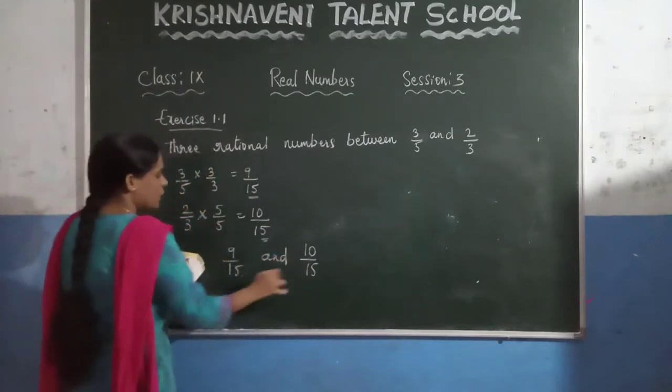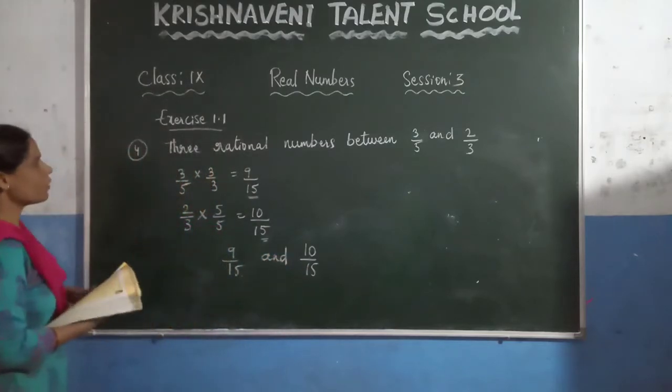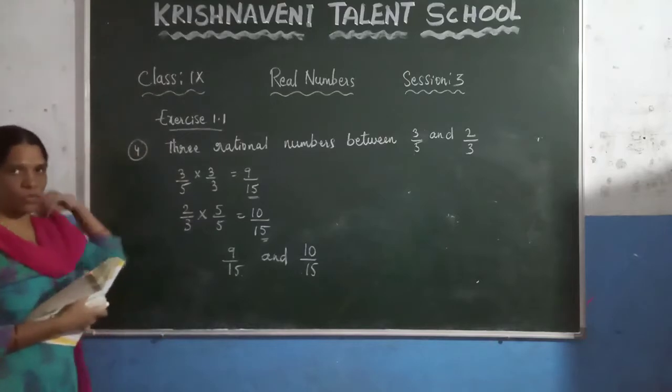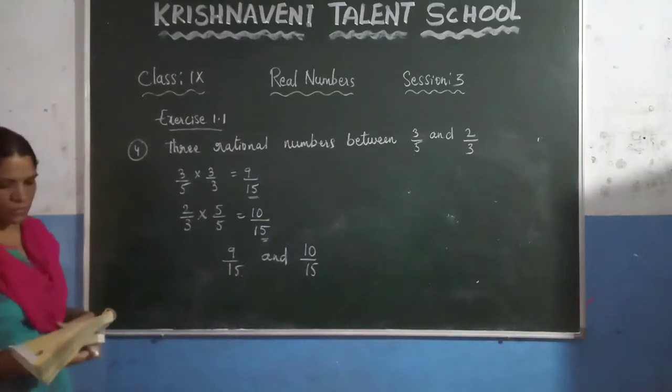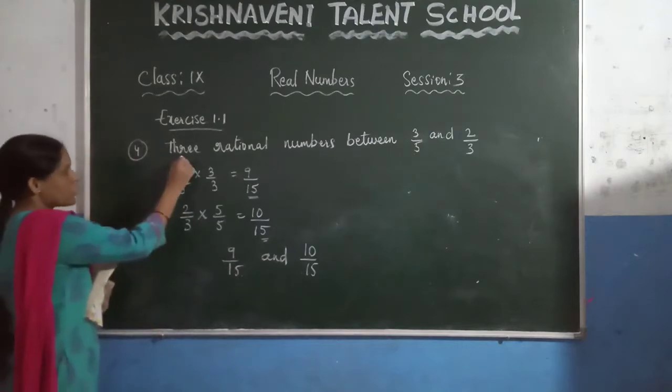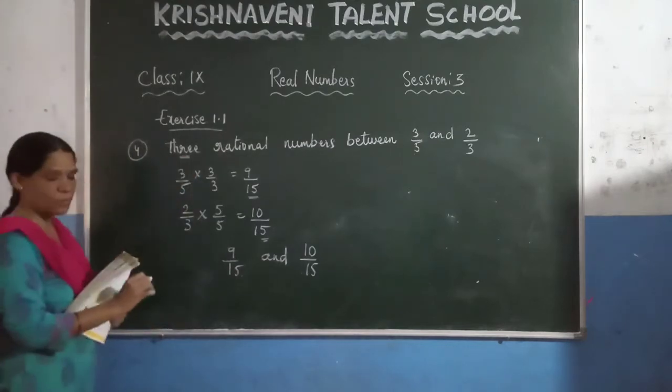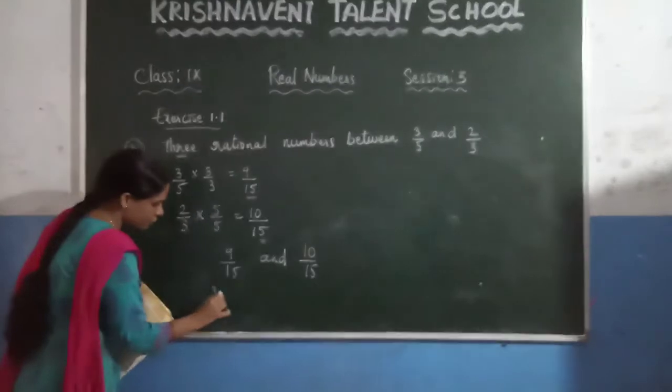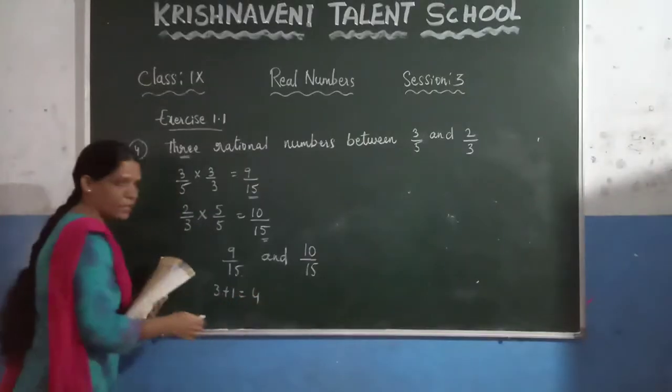Right? In between these two numbers you now have to write three rational numbers. You can follow the same procedure as we did in the last problem. Since we need to find three rational numbers, just add 1 to that. So you are getting 4.